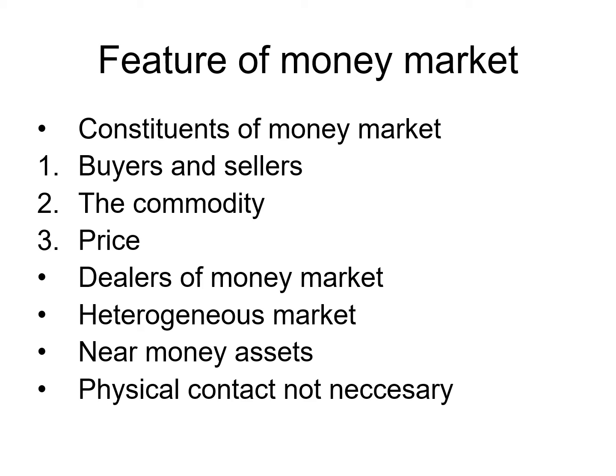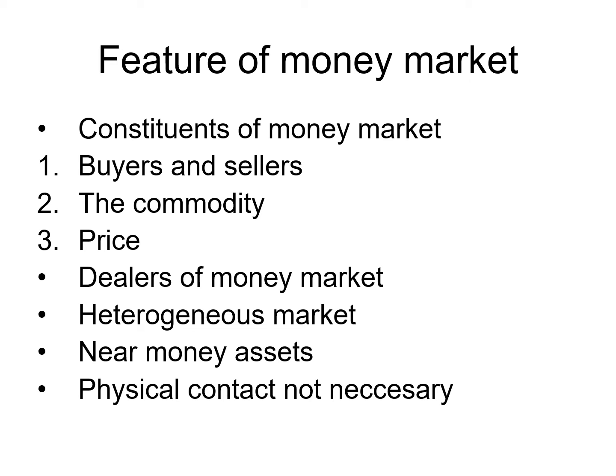Then when we talk about features of money market, the constituents of money markets are that we have buyers and sellers. In the market, we have plenty of buyers and plenty of sellers, and there's the commodity, that is the financial instrument which you are purchasing, and the price, that is actually the interest rate on which these instruments are being dealt. Then another thing is that there are many dealers in the market.